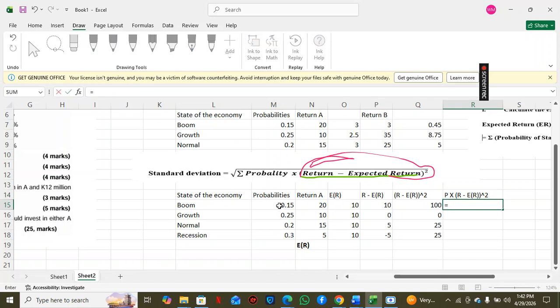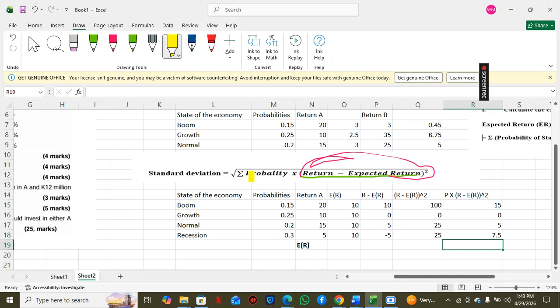So the probability, we're going to say 0.15 multiplied by 100, 15. 0.25 multiplied by 0, 0. 0.2 multiplied by 25, 5. 0.3 multiplied by 25, 7.5.